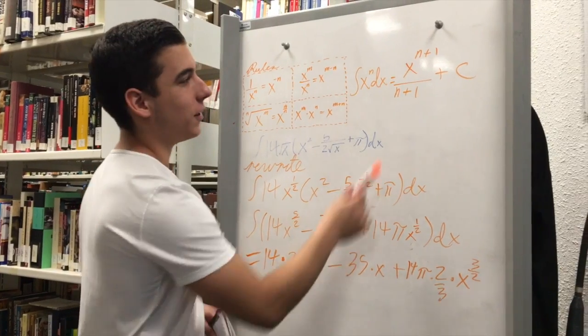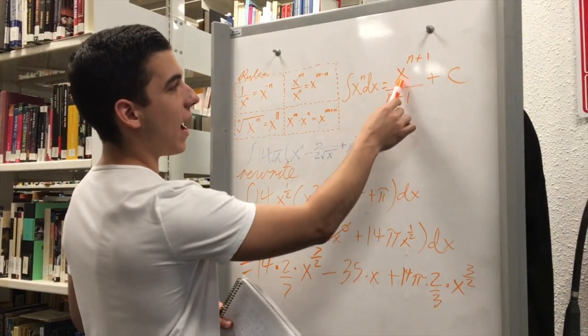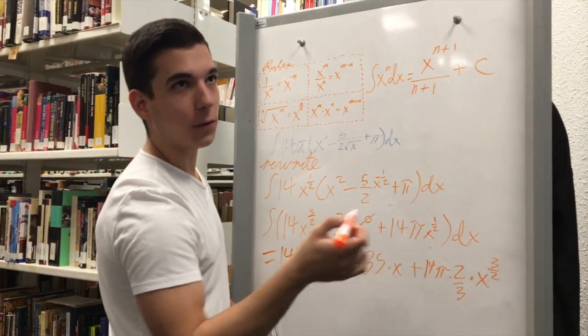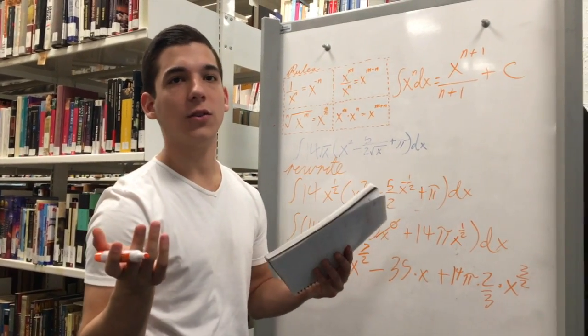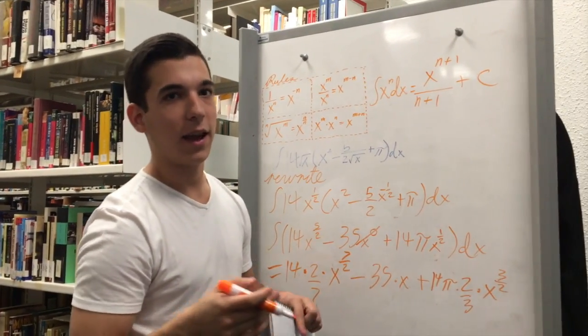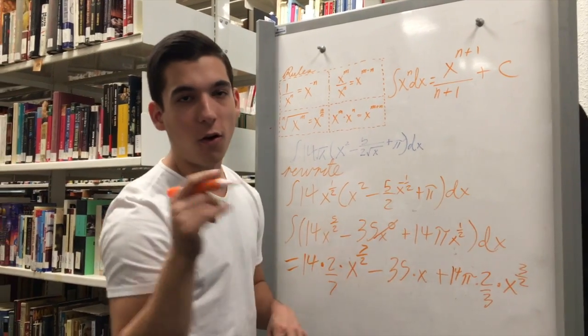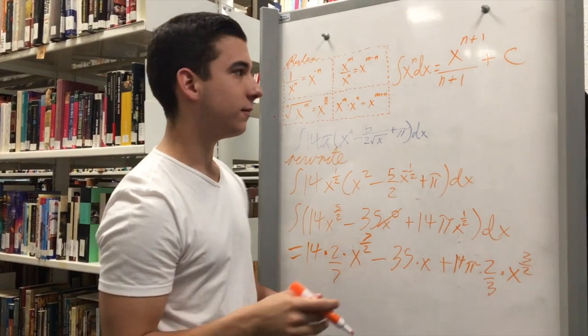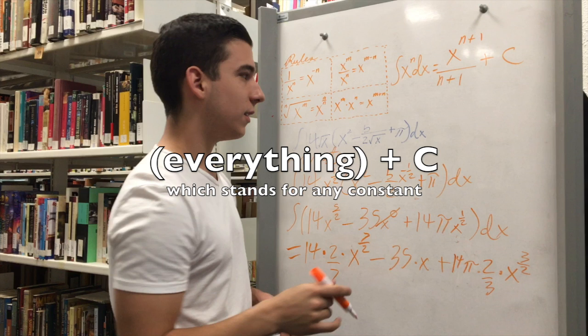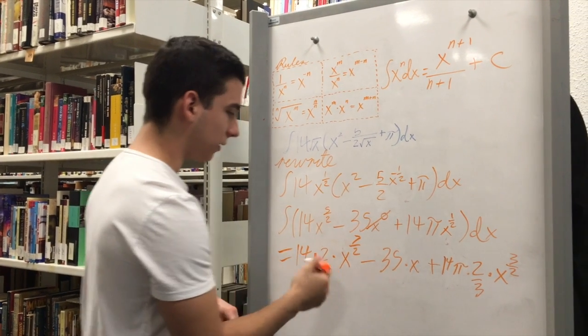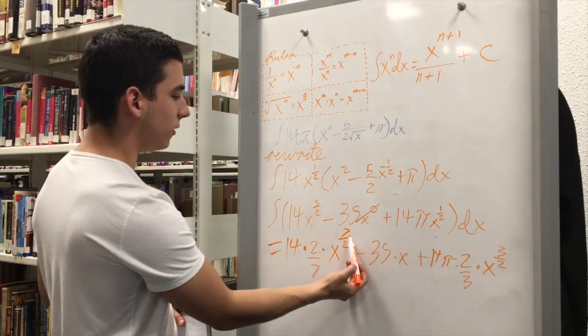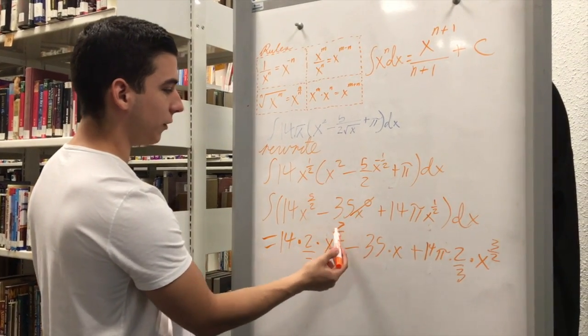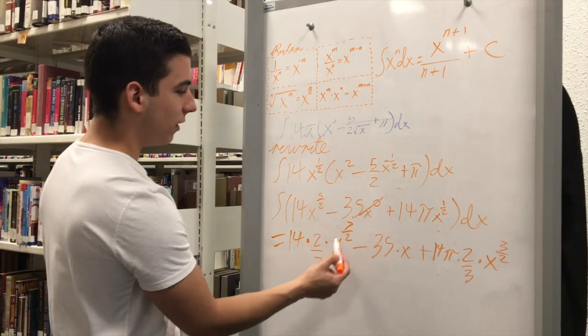To integrate, we use this formula, which is x to the n plus 1, which is adding 1 to the exponent that the x has, then that over n plus 1. So this is what we did. We added 1 to 5/2 and that gave us 7/2, and we divided by 7/2.